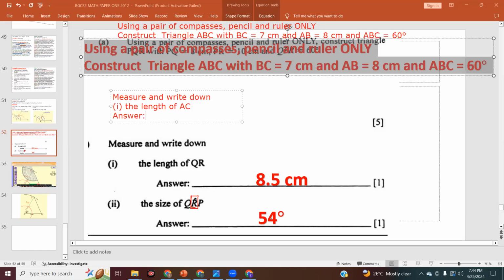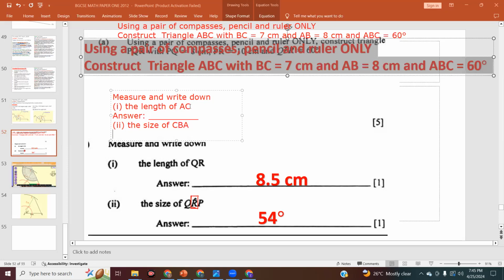So we have to measure that, right? The length of AC. And then we want to measure and write down the size of, not A, B, B, I mean, the C, A, C, B, A, right?